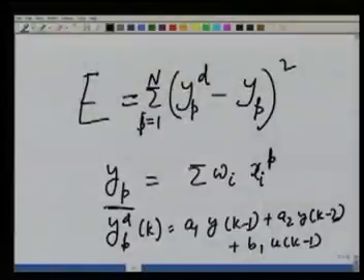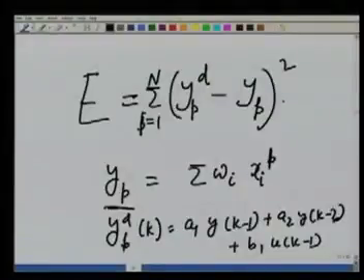Objective is that I give my neural network these weights, these inputs, the various input patterns, and let us look at what is the neural network output yp, and I compute this output yp for p equal to 1 to n, and I find what is E. The objective is this E should be minimum.